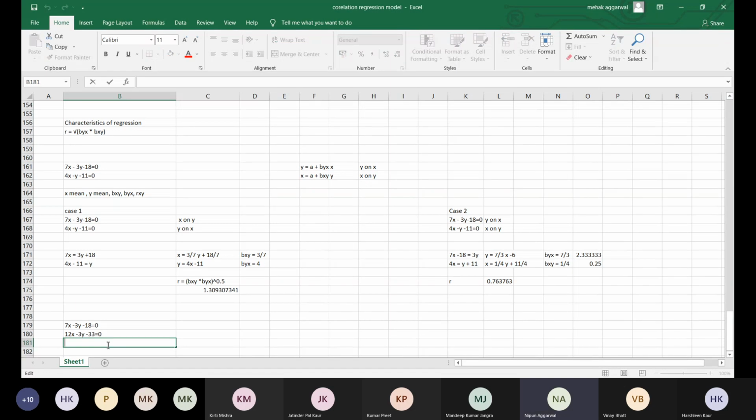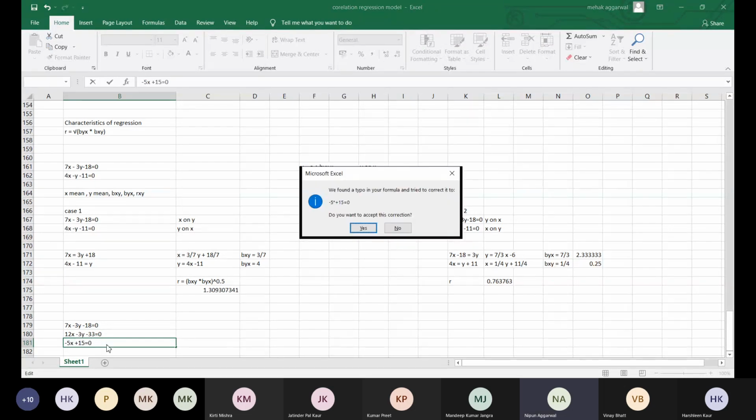So the elimination becomes minus 5x plus 15 equal to 0.